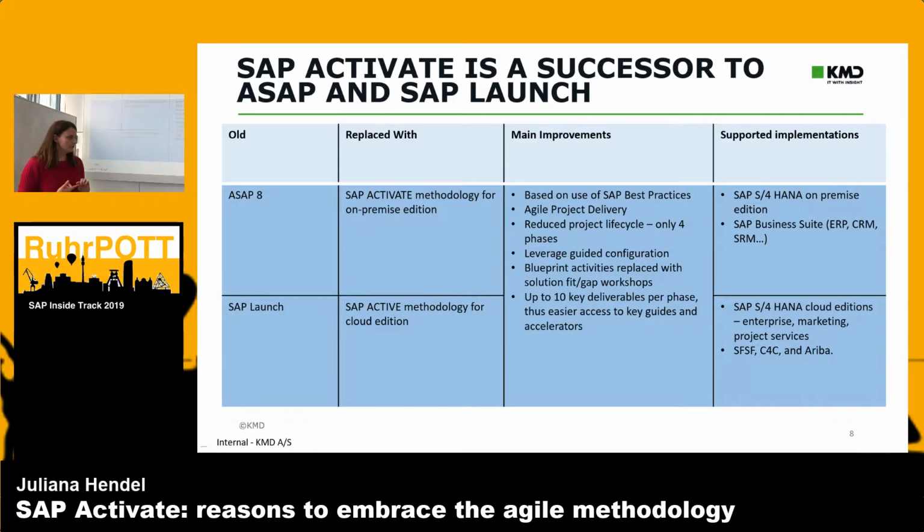We also have at most 10 key deliverables per phase, which makes it really easy for a project manager and for the team to work with, because you don't create deliverables from scratch anymore. You can go on the SAP website and get a very easy educational overview of each deliverable, and each deliverable will have a task, and each task will have an accelerator, any helpful material, PowerPoint, template, whatever you can use.